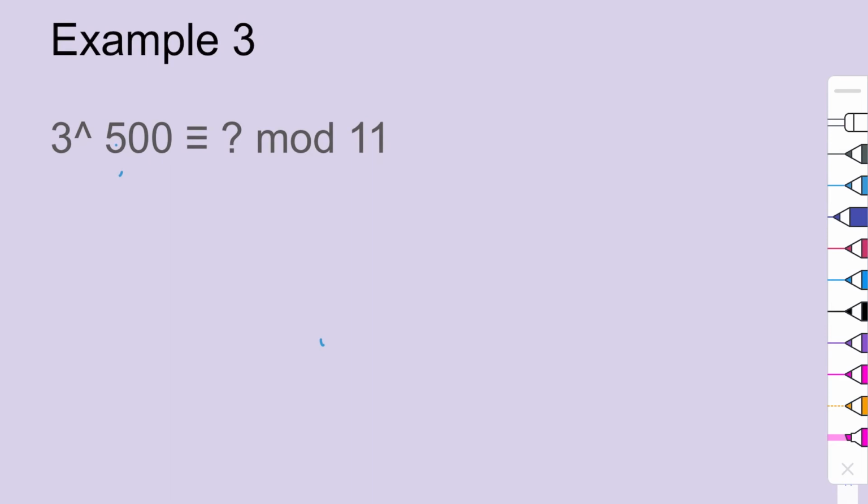Now let's move on to example 3. Here we have 3 to the 500 is equivalent to what number in mod 11. Based on Fermat's little theorem, we know that 3 to the 10 power is going to be equivalent to 1 mod 11.